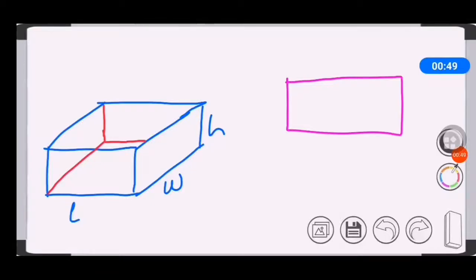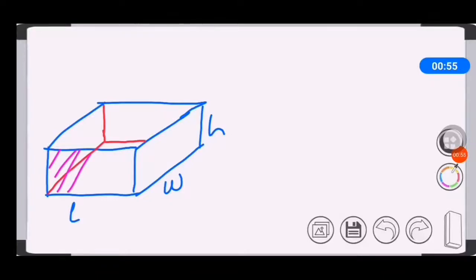As we can see, all the faces of this cuboid are rectangles. If we take the front face here, it is a rectangle. If we take the back face, same rectangle, because the front is the same as the back. The right face is the same as the back face we have there, and they are both rectangles.